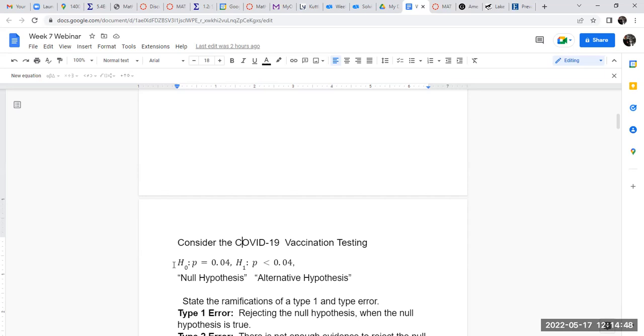The symbols are very important, and you have to know the symbols. The symbol for the null hypothesis: we use capital H as the abbreviation for the word hypothesis, and then a subscript 0. The bad news is the British got to it before the Americans did. You know what the British call 0?